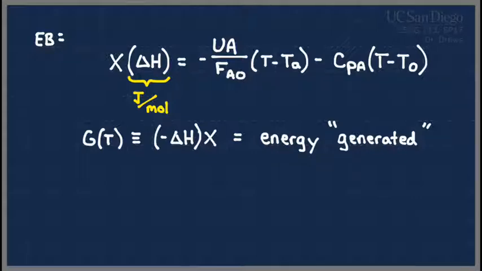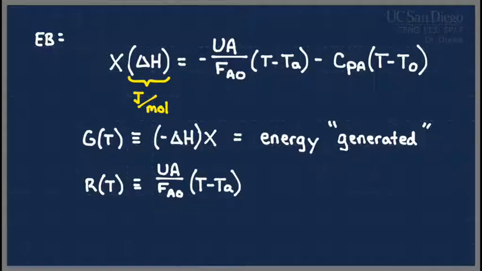So the other one is R of t. That's all the stuff on the other side. So that's defined as UA over FA naught, T minus TA, plus the sum of all the theta i's times CPI times T minus T0.